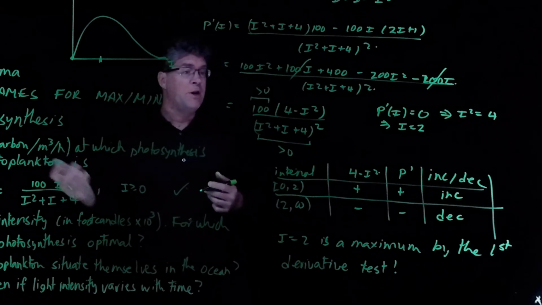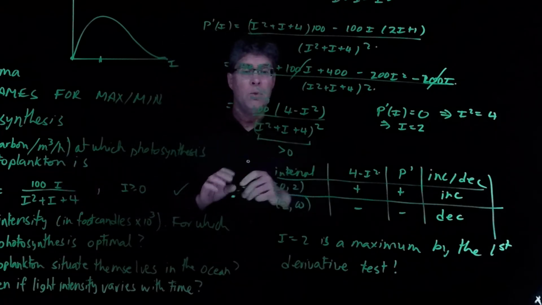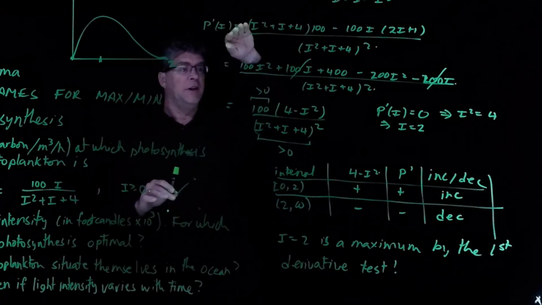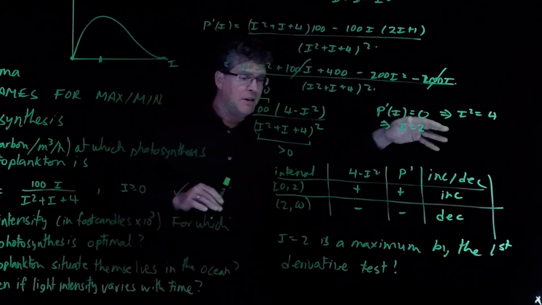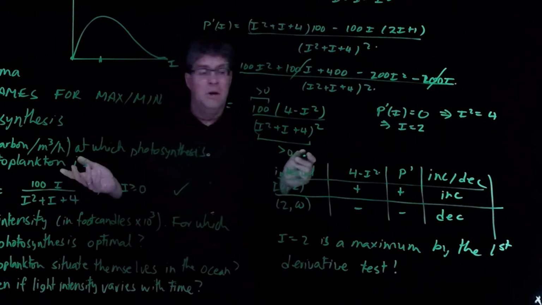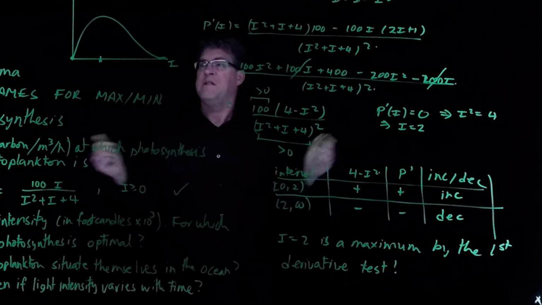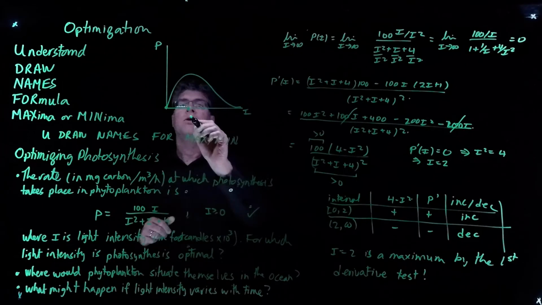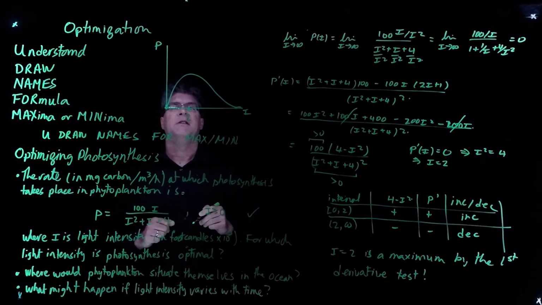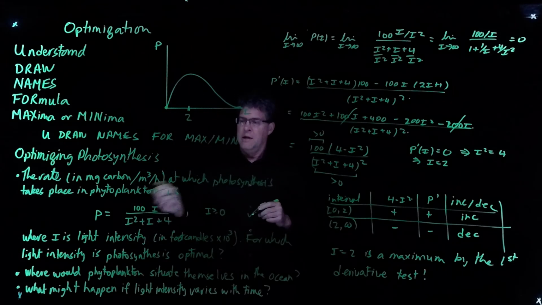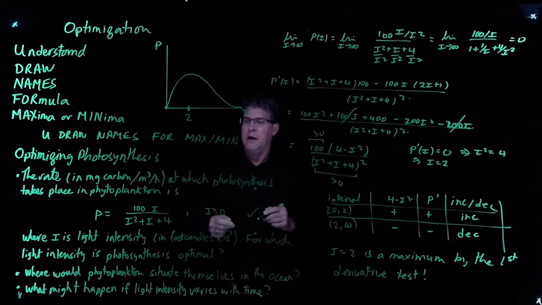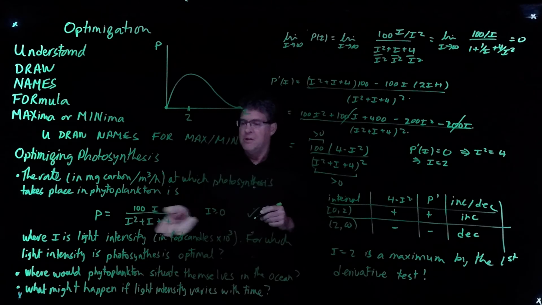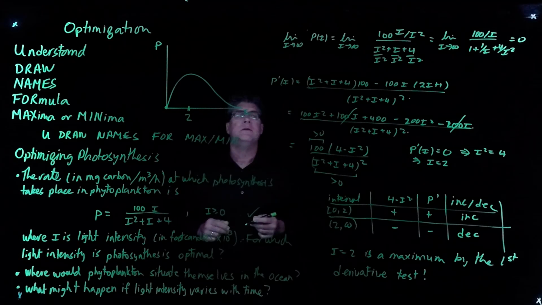And here, we've already done all the work. We realize on 0 to 2, the function is increasing, and on 2 to infinity, it's decreasing. So we can just use the first derivative test, and we don't have to take a second derivative here. And so we have I equal to 2 is the value where the photosynthesis is optimal.